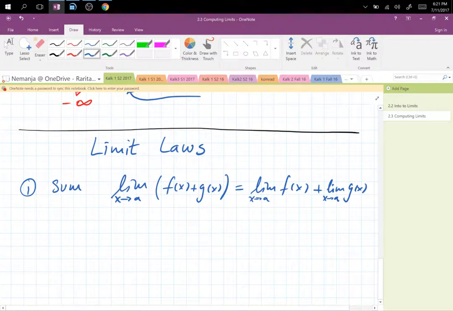Can you say that like a word? The limit of the sum is the sum of limits. You have the same one for difference, just as a minus.